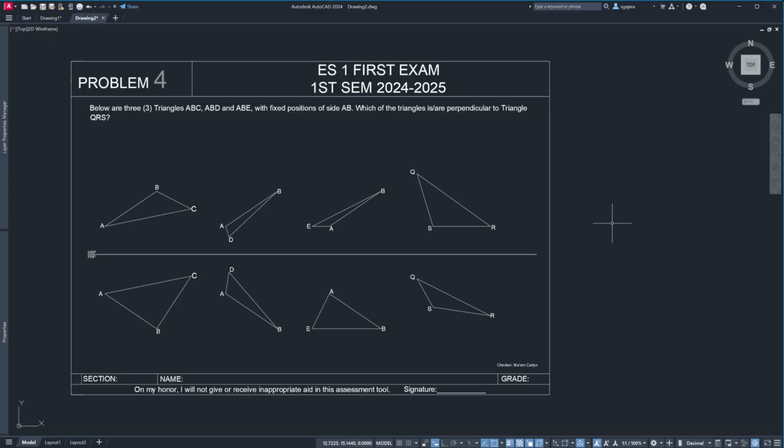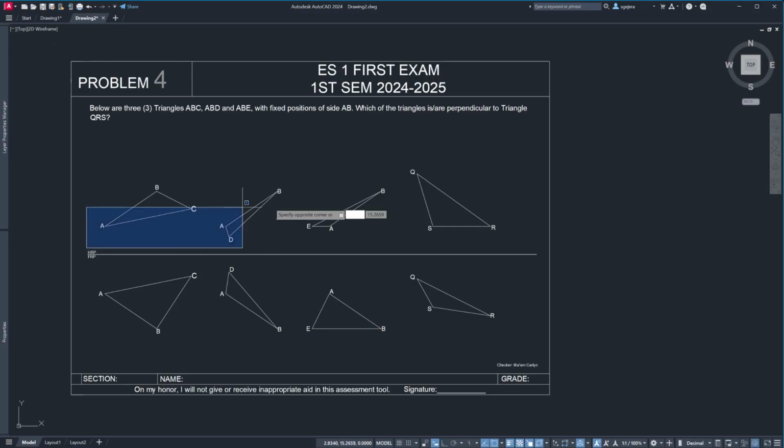Of these three planes, we are in particular interested in triangles ABC, ABD, and ABE, wherein the position of side AB is already fixed. So we have AB here, AB, and AB. They have the same orientation in space. And we are asked the question which of the triangles is or are perpendicular to triangle QRS.